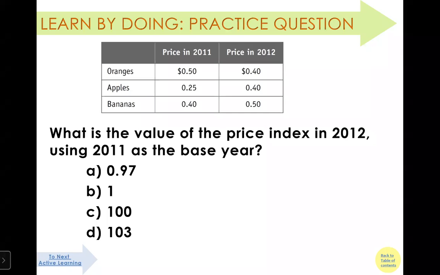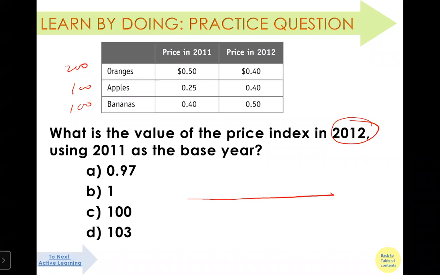Now, same example. Let's just copy paste 200, 100, 100. Now this one asks what is the price index in 2012. Then what do we need to do?